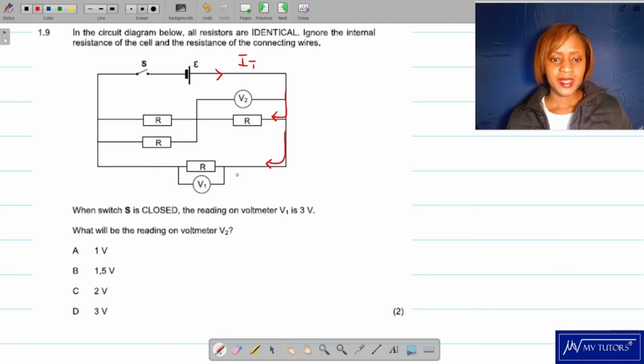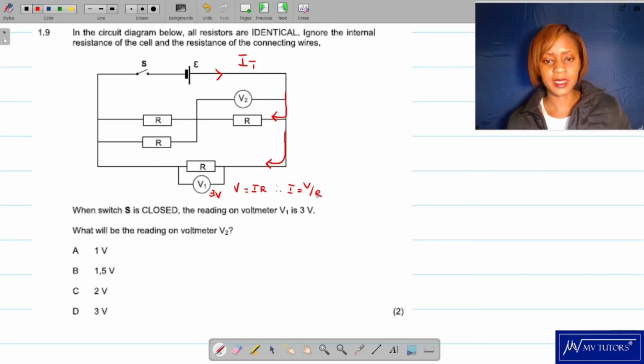Here we already know that that voltmeter reading is 3 volts. So the current there would, let me just write the equation as we first know it. V is equal to IR, therefore I would be V over R, and we know that V is 3. So we already know the current here, but we don't know the current there.